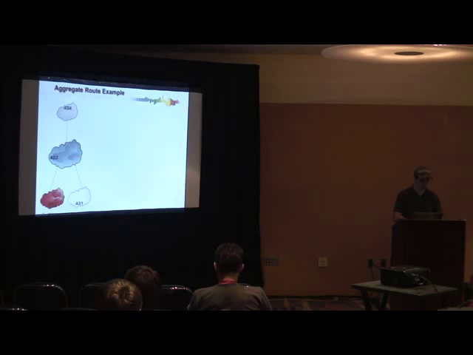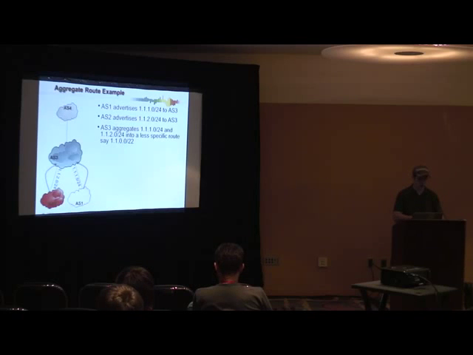So the way this looks in a drawing, we've got AS1 advertising 1.1.1.0/24 and AS2 advertising 1.1.2.0/24, both to the same upstream AS3. In this case, AS3 is going to aggregate those two /24s into a /22, which is 1.1.0.0/22.